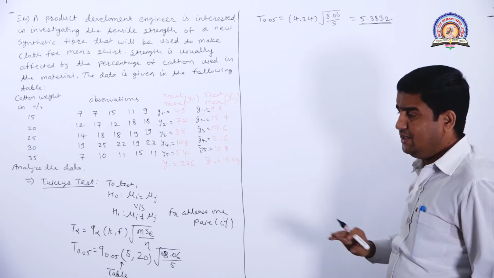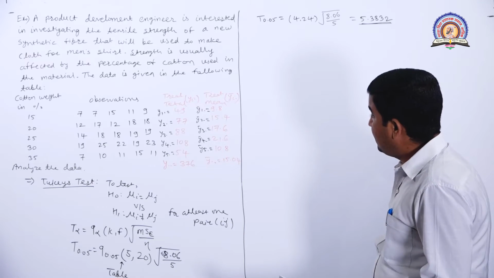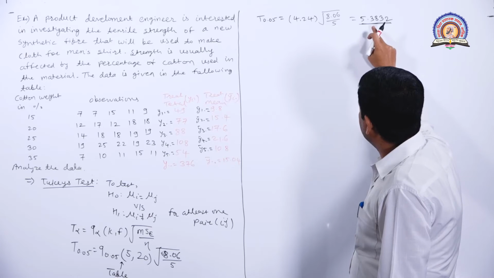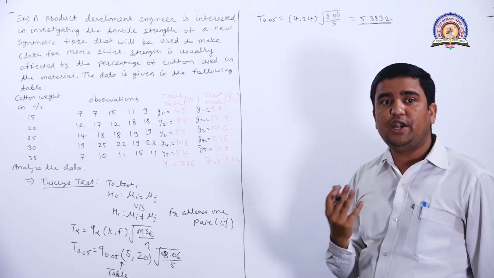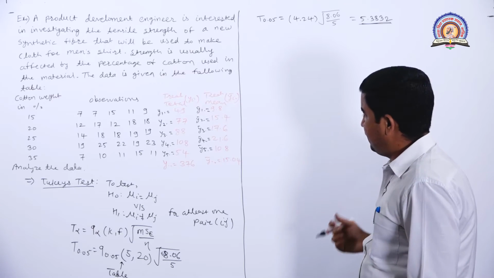Now we are going to find the absolute difference between each pair of treatment means, and if that absolute difference exceeds this 5.3832, then we can say that the corresponding pair of means are significantly different, otherwise not.